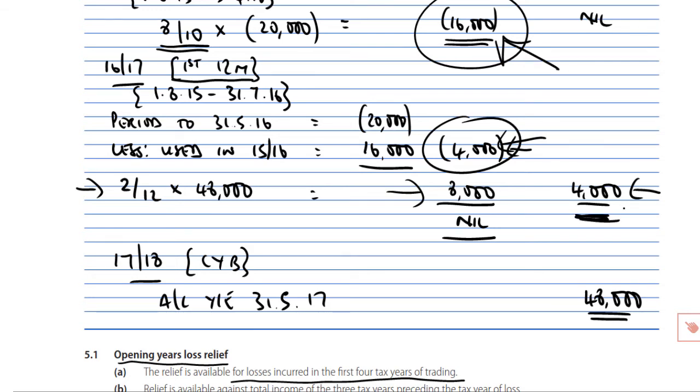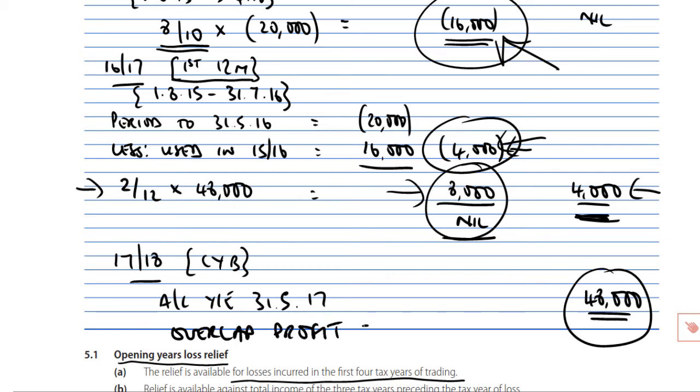But what we now have is all of that £48,000 being assessed in 17-18, having already used within the assessment for 16-17 £8,000. Therefore, we have got an overlap profit for future purposes.